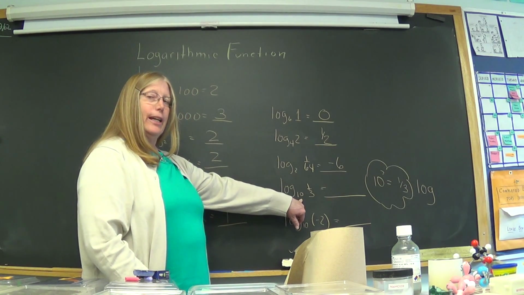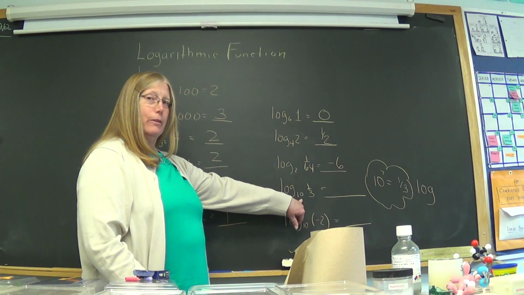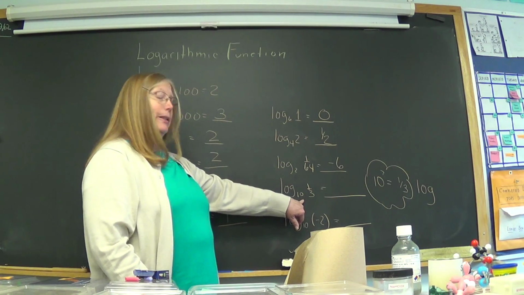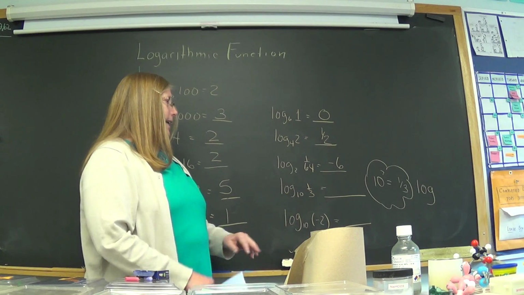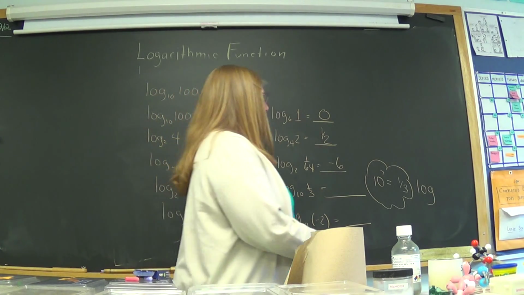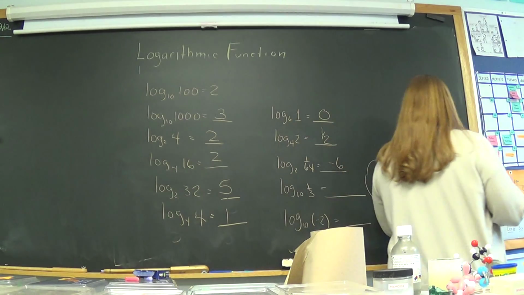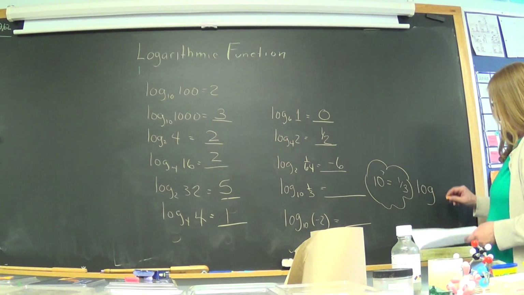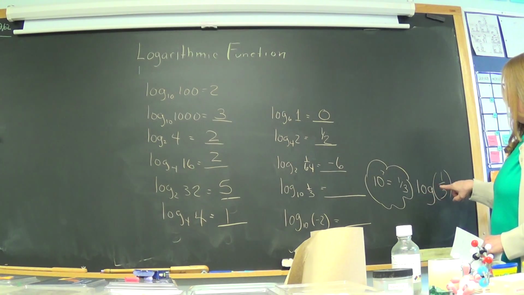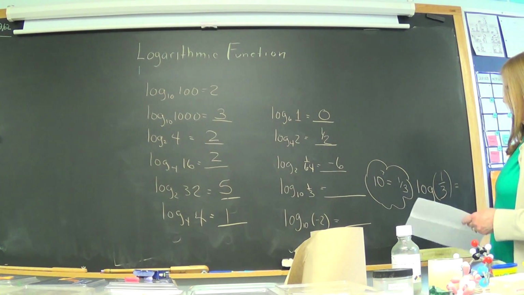So you can't use the LOG button except for base 10 problems. It comes up so often that we call it the common log, and we just write it LOG. So everyone knows that LOG is base 10. So I'm going to write LOG, and then I'm going to give it the answer, 1/3. LOG of 1/3, and it will give me the exponent.